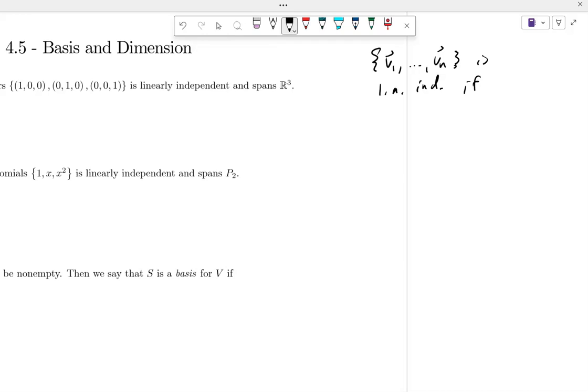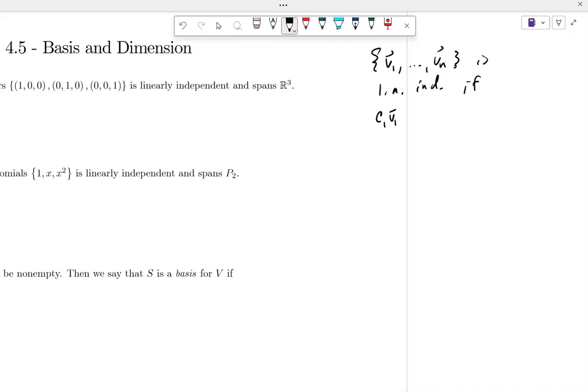What specific linear combination are we talking about? Linear combination of which specific vector? The zero vector, right?